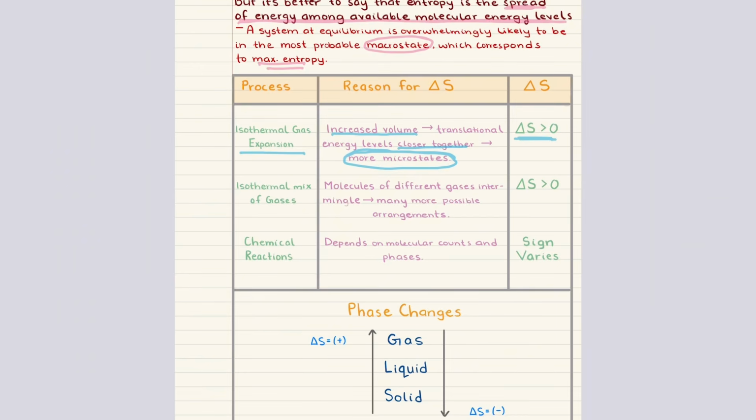Second, let's think about isothermal mixing of two different ideal gases. When two different gases mingle, each species suddenly has access to the whole combined space, and you're going to have some intermixed configurations with the other species. So the number of distinguishable placements multiplies.